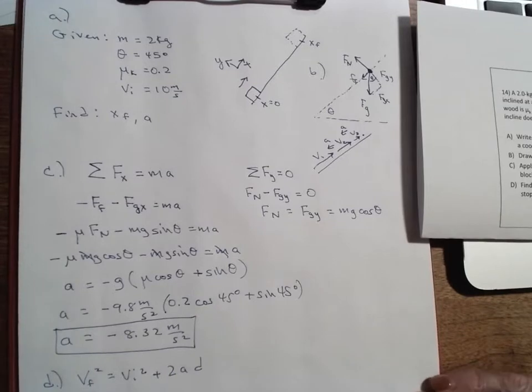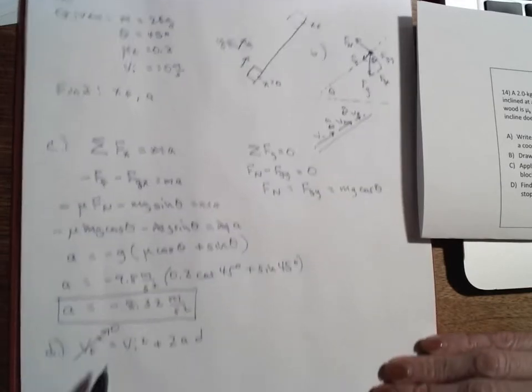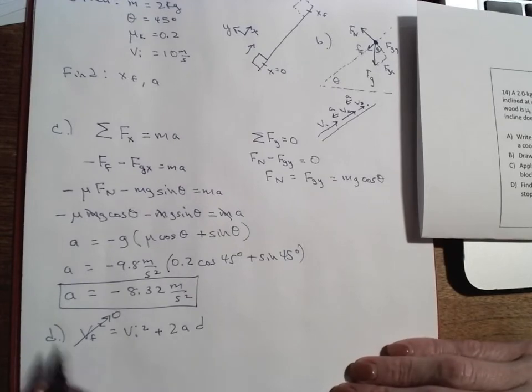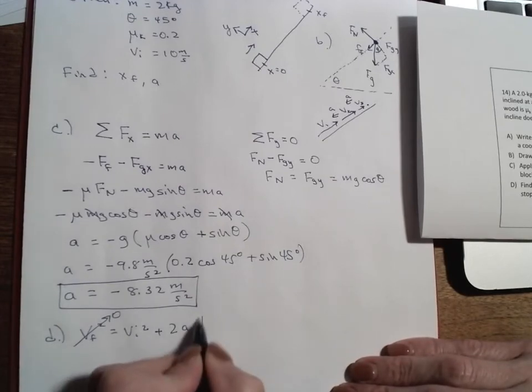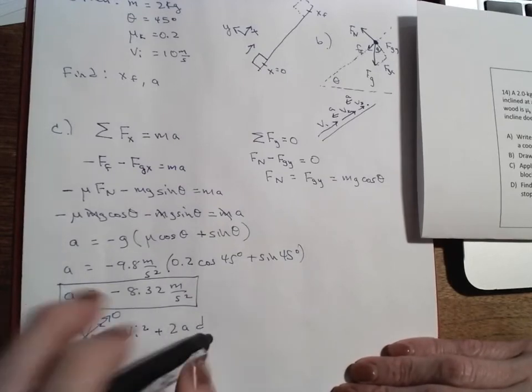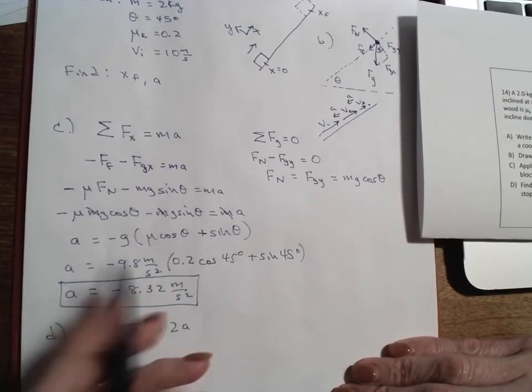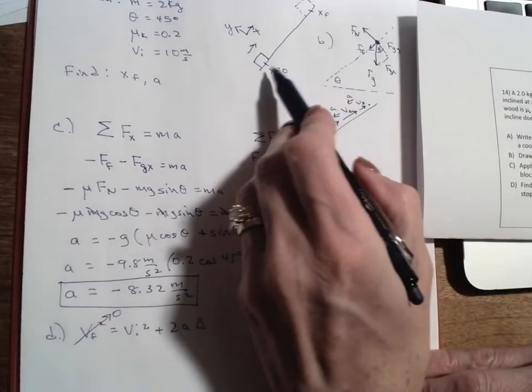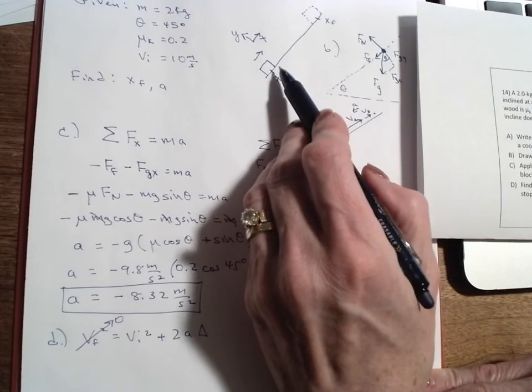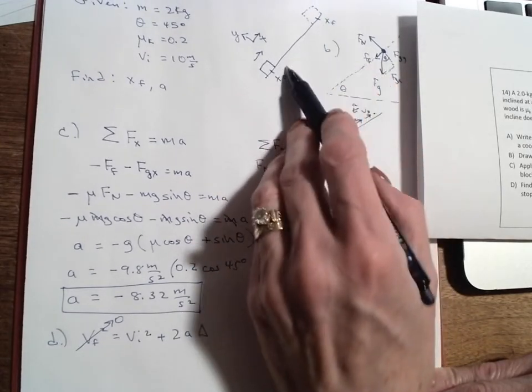Now I know my a is in the negative direction, and I also know that my final velocity is equal to 0. So now I'm looking for d, or let's call this delta x instead of d, because this is my x direction, and I'm trying to find this delta x along here.